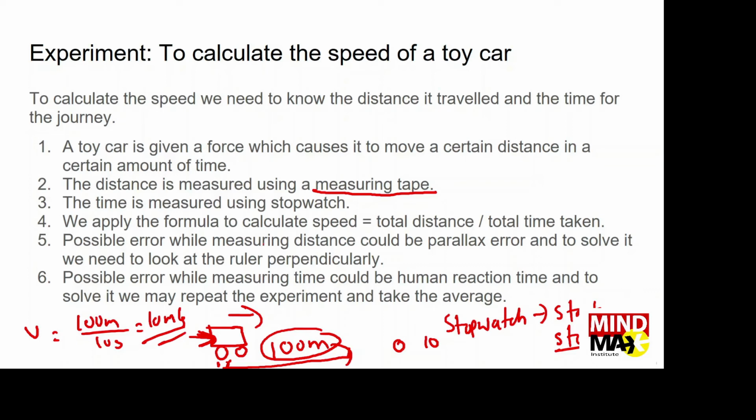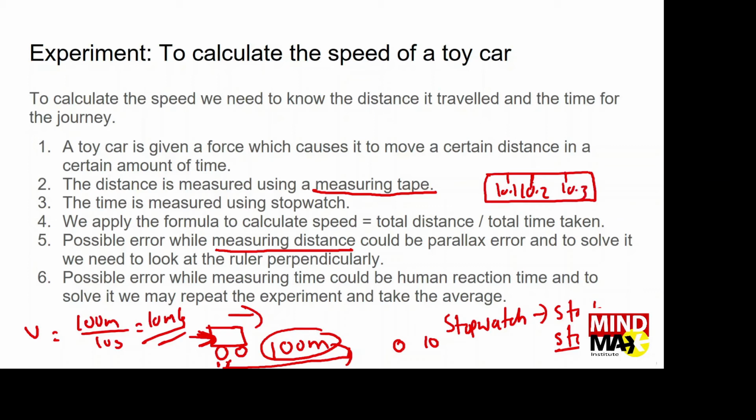Now there are a few possible sources of error. While measuring the distance, the error could come from parallax error while reading the measuring tape. In the first lesson of physics basics, we learned that parallax error happens whenever we look at an object from an angle. Let's say this is 10.2, this is 10.1, this is 10.3.